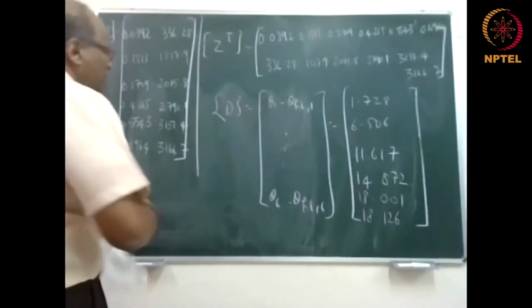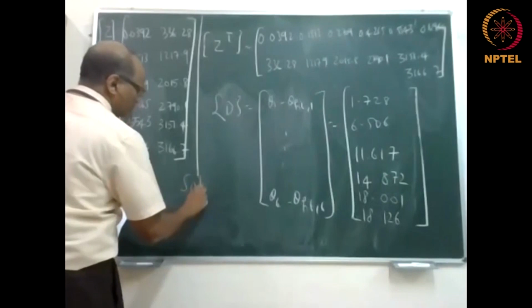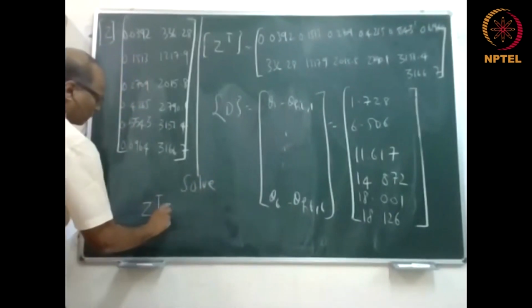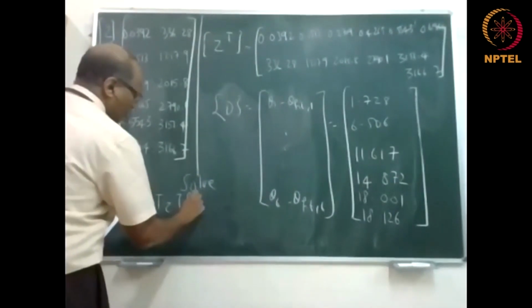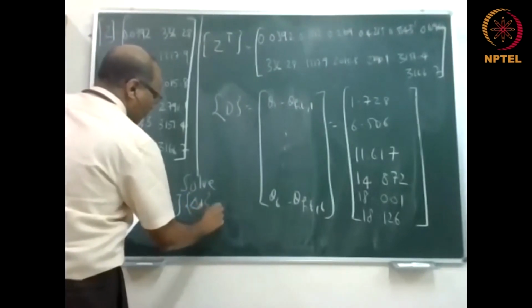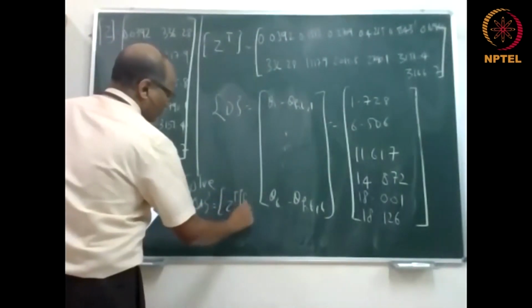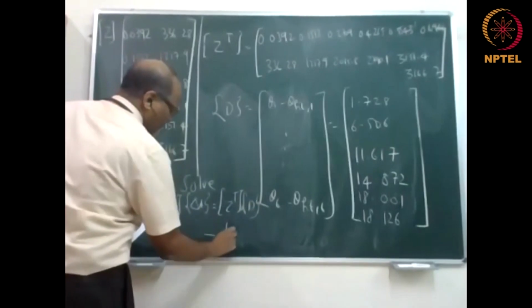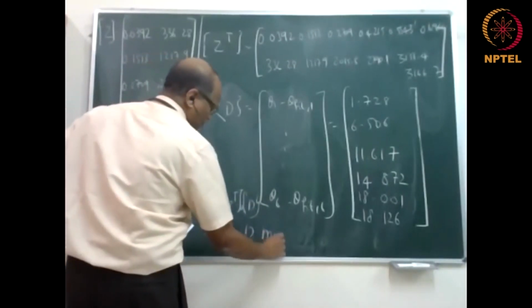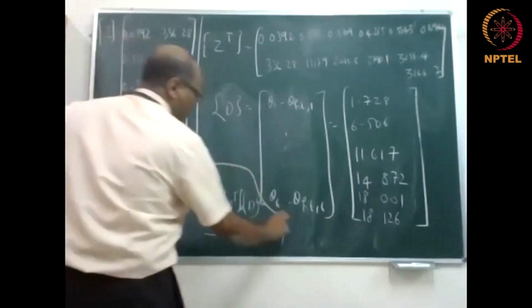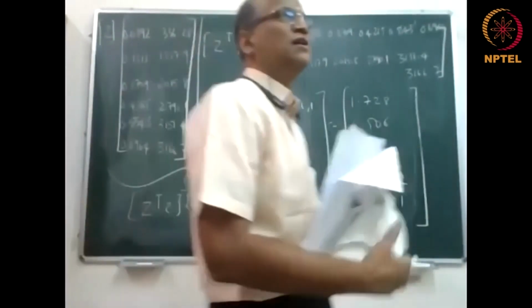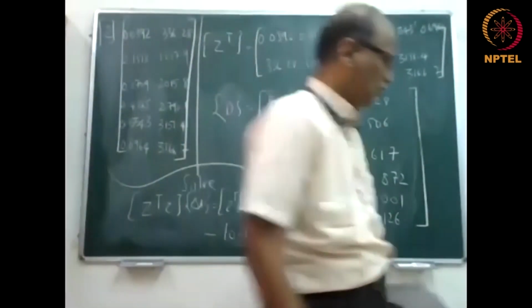Please find delta I, delta P. So solve. You have everything. It's about 9:26. Just solve it.